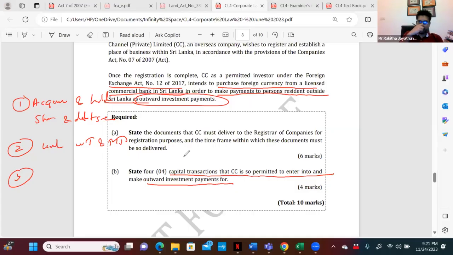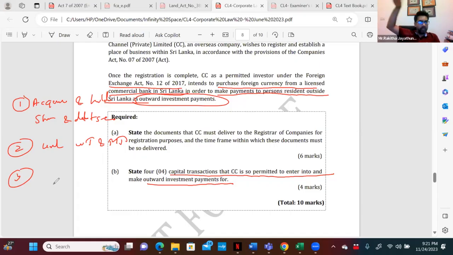But there's a restriction. You can invest in government bonds issued by a foreign government. However, the rate or the interest or the discount offered by the foreign government should be similar to or above the sovereign credit rating of Sri Lanka.